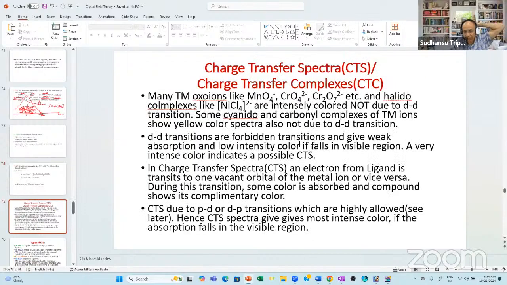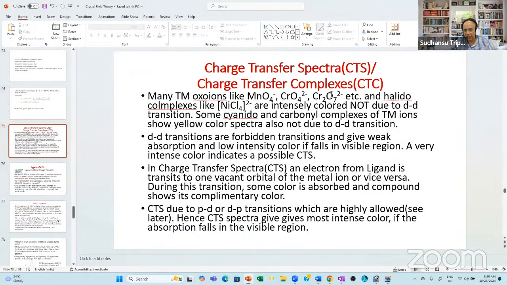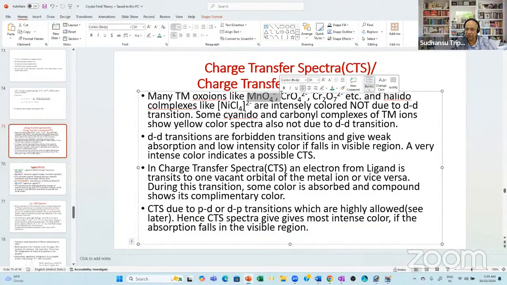Then we enter into CTs. After CTs, we will revise. Now see, many d0 metal ions, for example, permanganate is purple. Chromate is yellow. Dichromate is orange.